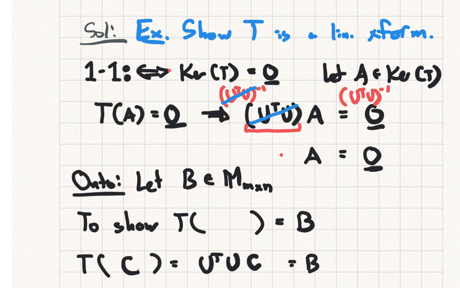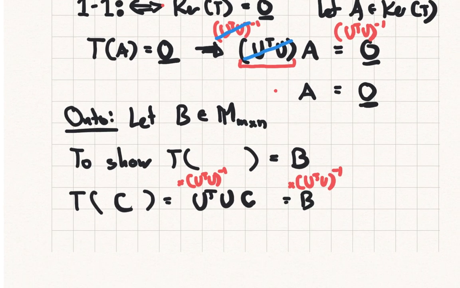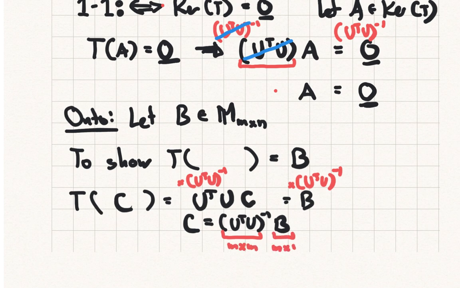And we can do that, right? We can multiply on the left by U transpose U inverse again. And we get that our C here is U transpose U inverse times B. And remember, you can check that this is still m by n, because we know this guy is m by m, and we know B is m by n.